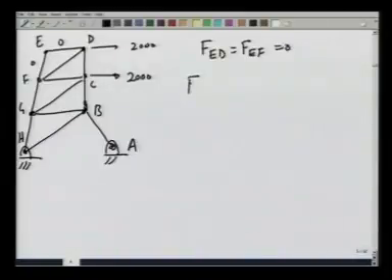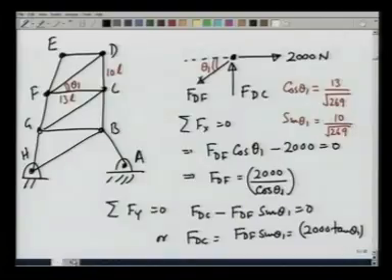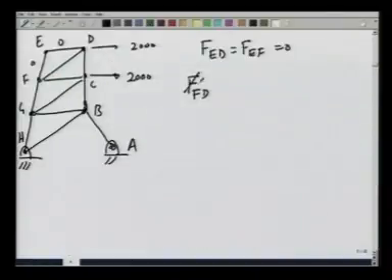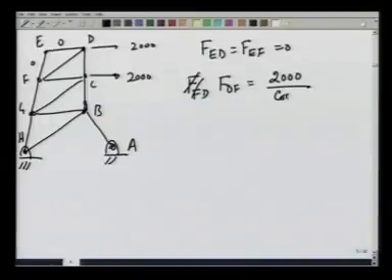We obtained F_DF. So, F_DF equals 2000 over cosine of theta 1. Let me remind you, this is theta 1, this is 10L, this is 13L.